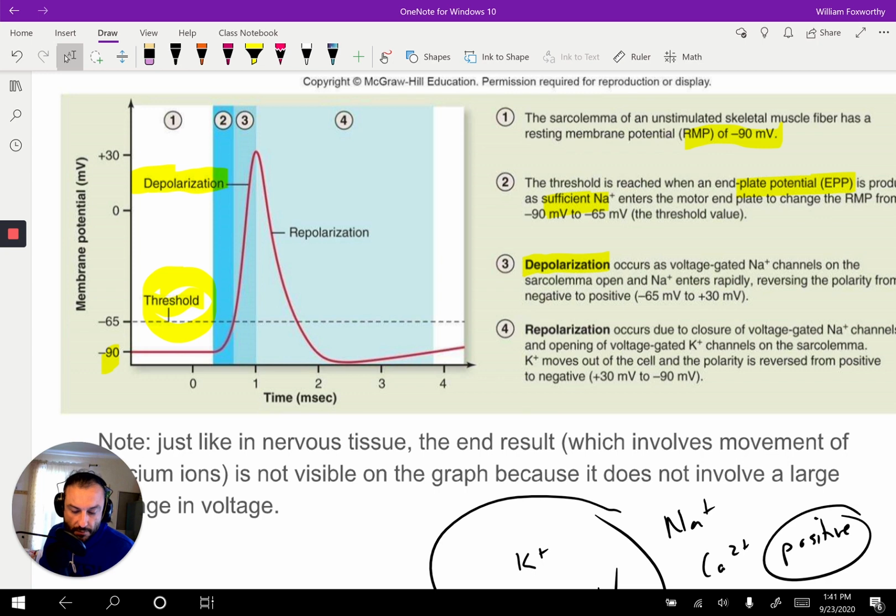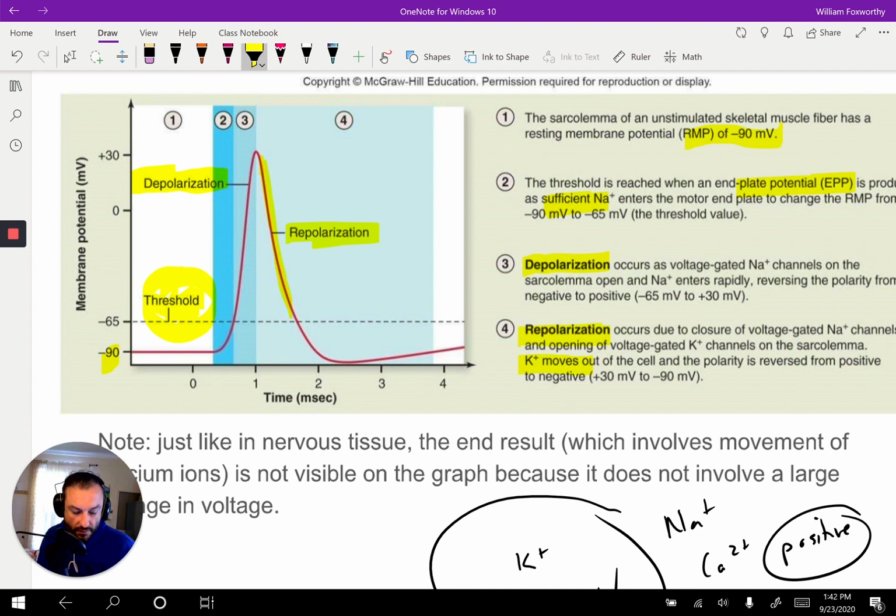At the same time, that positive change in voltage you got at threshold has also triggered the opening of your voltage-gated potassium channels, but they are slow to open and slow to close. So by the time all of this has happened with your sodium channels, your potassium channels are just starting to open. As they open, potassium leaves your cell.